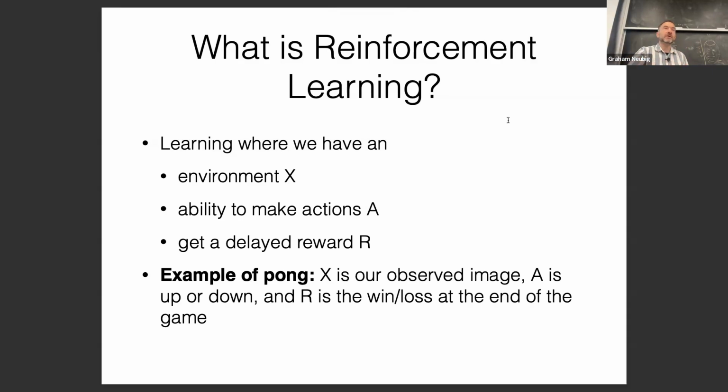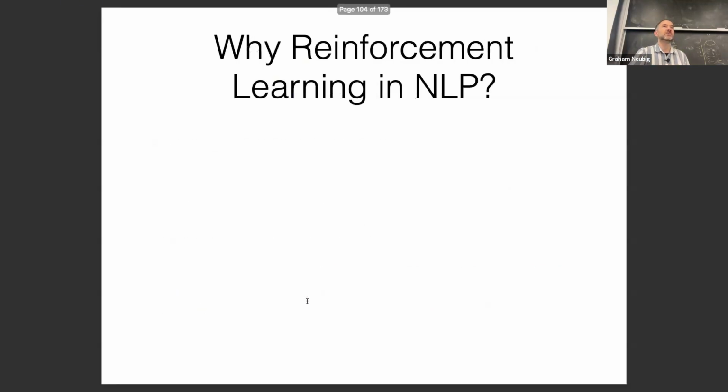If you look at the recommended reading for this class, there's an example of Pong. In Pong, you have an observed image, X. You have an action of moving up or down. And R is whether you win or lose at the end of a game. So this is a very simple action space.